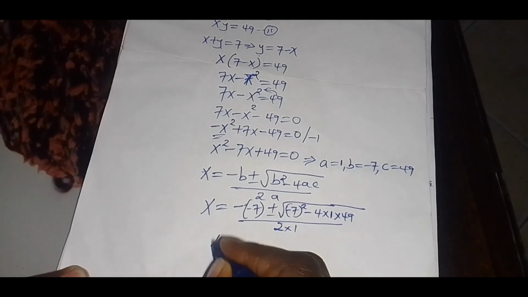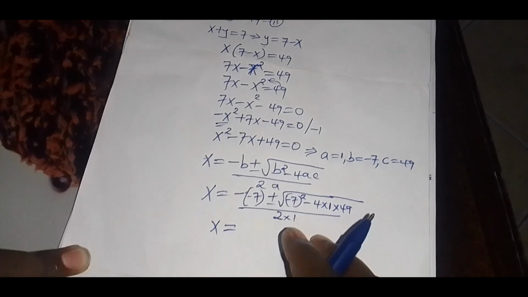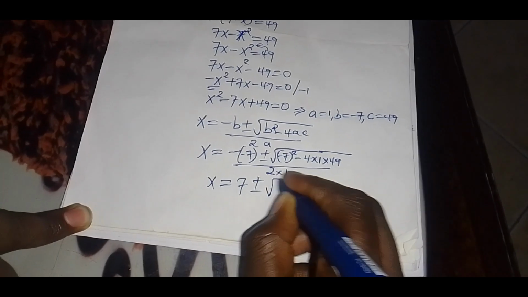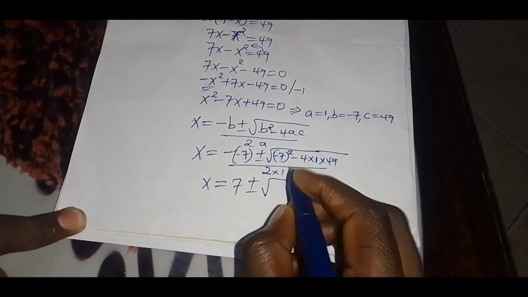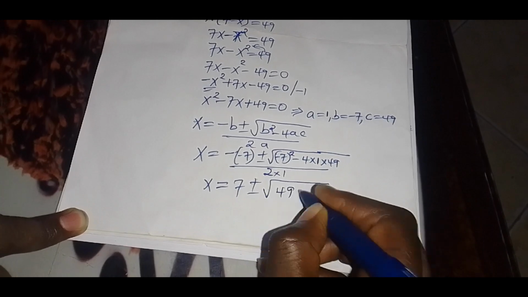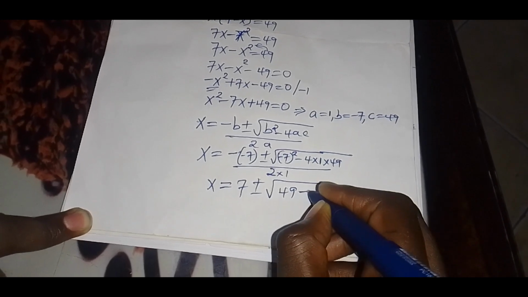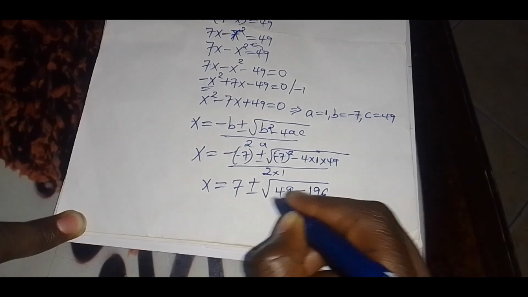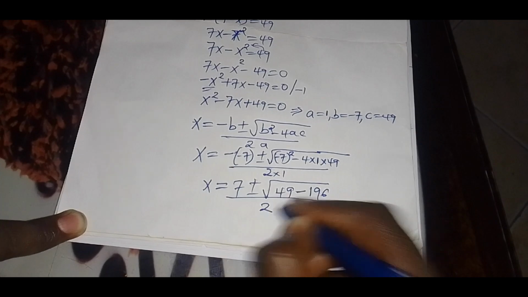So that x will be equal to 7 plus or minus the square root of minus 7 squared, which is 49, minus 196, divided by 2.